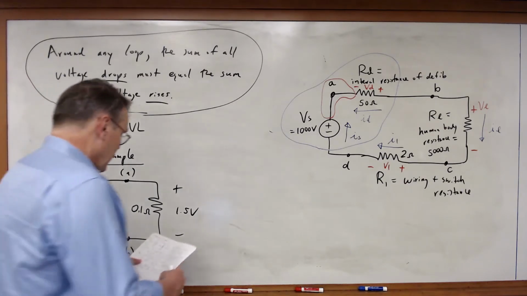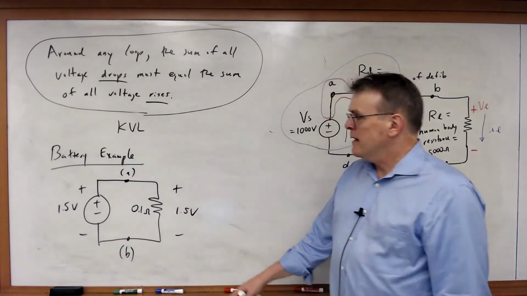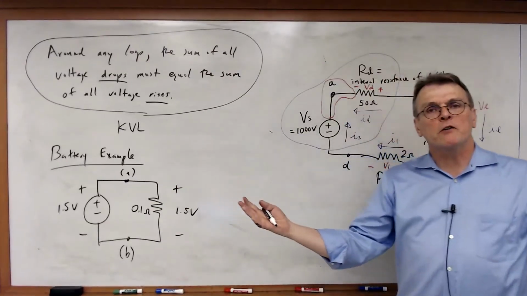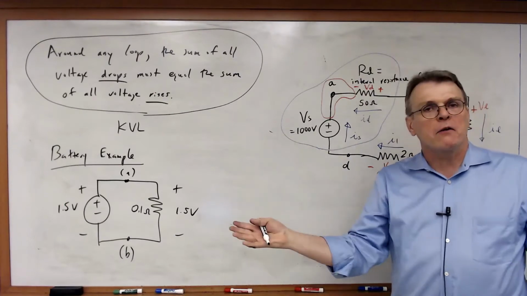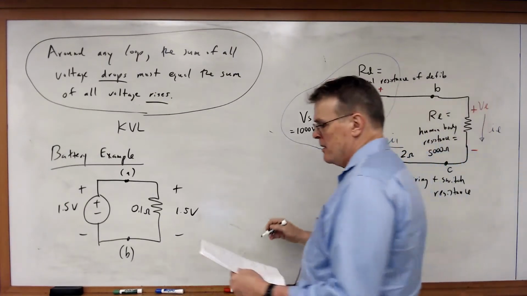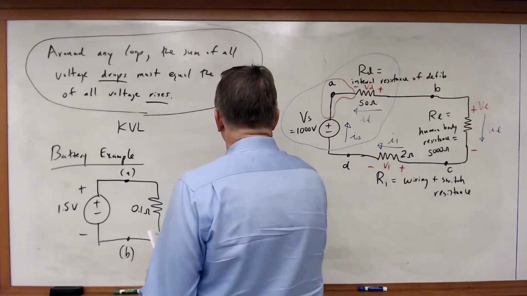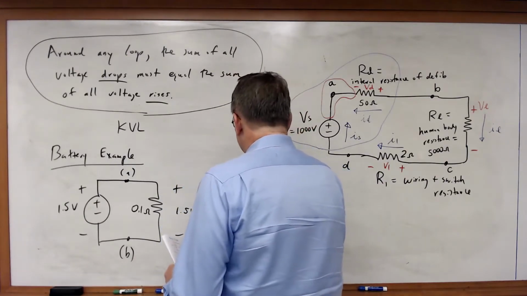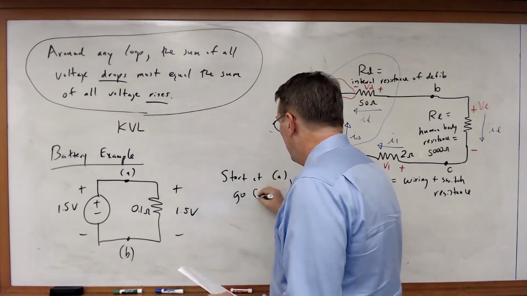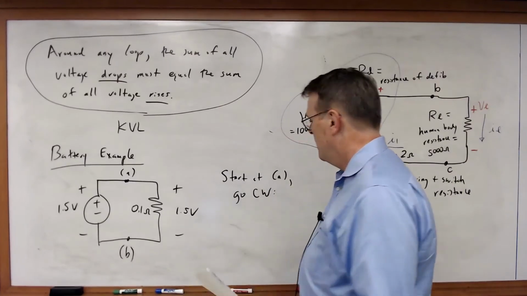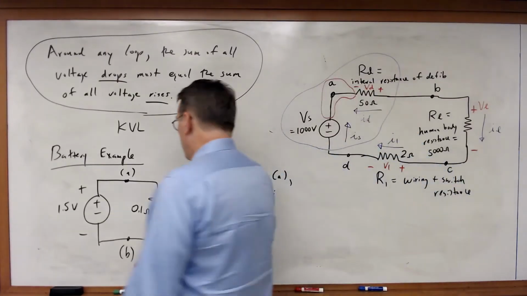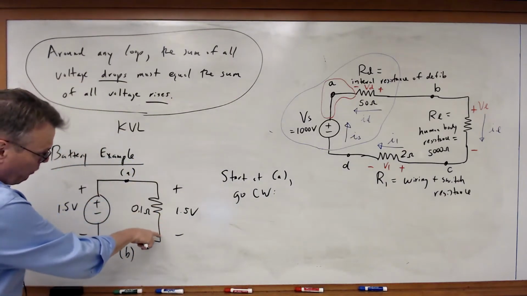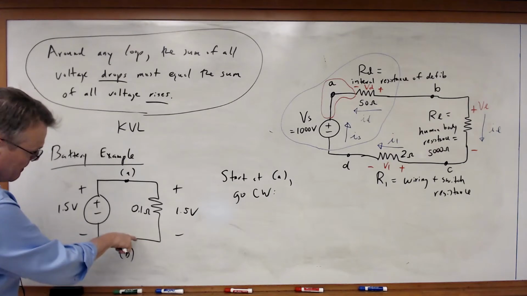Okay? So, let's start at node A, and I'm going to arbitrarily choose a direction, clockwise or counterclockwise. It doesn't matter. So I'm going to start at A, and I'm going to go clockwise. Well, if I go clockwise, I have a drop of 1.5 volts.